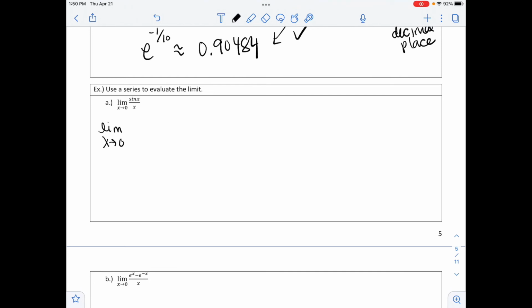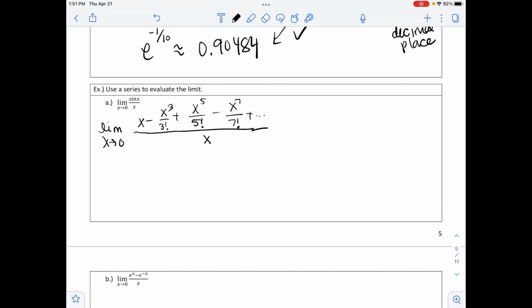So the numerator is sine x, and if you go back and look at your Maclaurin series, you'll notice that expanding this out, you have x minus x cubed over 3 factorial plus x to the 5th over 5 factorial minus x to the 7th over 7 factorial, and this keeps continuing on. And the denominator is just x.